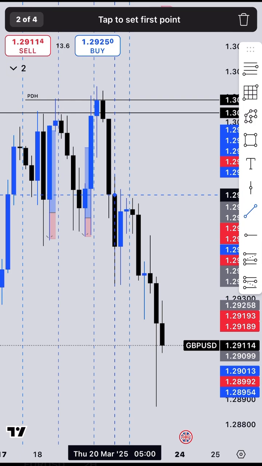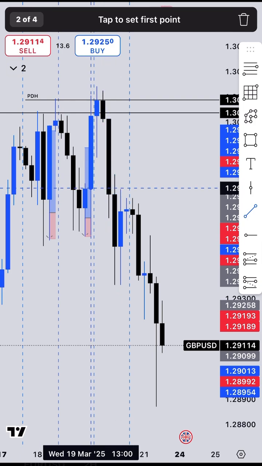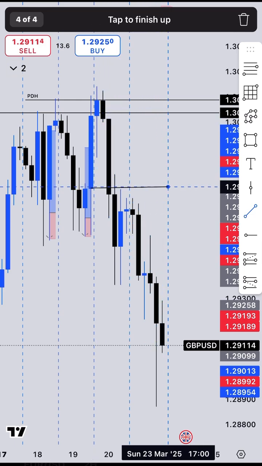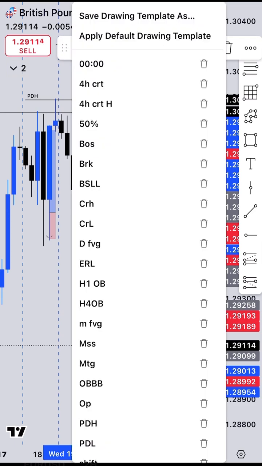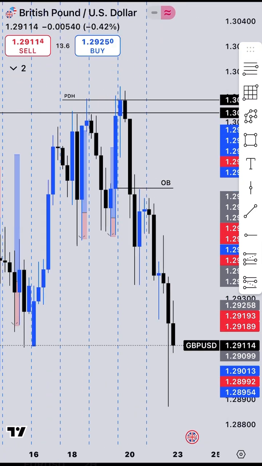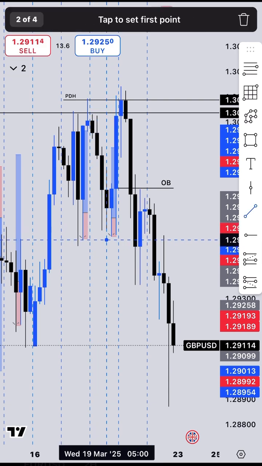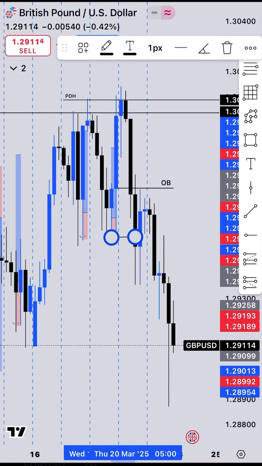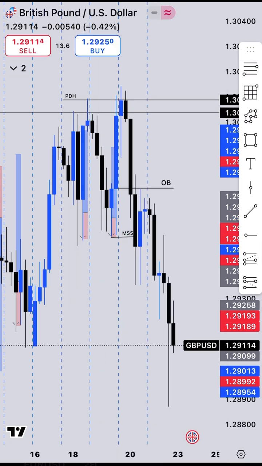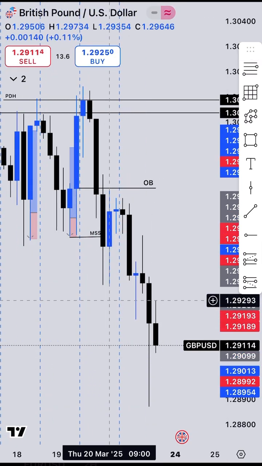So when the news happened around 1:30, I had already marked this candle as my order block, and this as my shift in market structure.